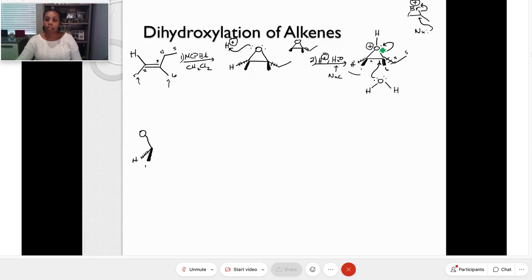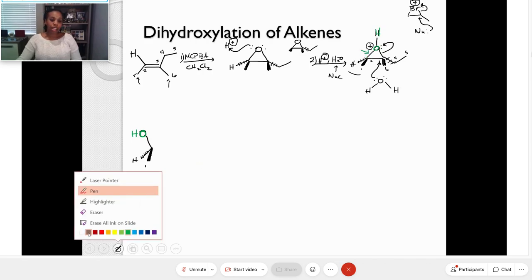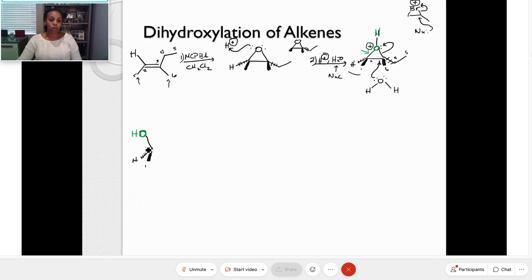This oxygen and this hydrogen are now over here, this oxygen and the hydrogen attached to it. We broke that bond, so we still keep this oxygen-carbon 2 bond. And that oxygen had a hydrogen on it, and so we keep that hydrogen on it.